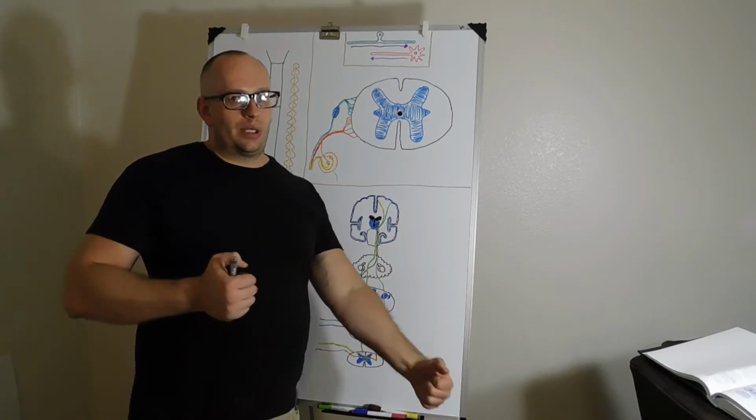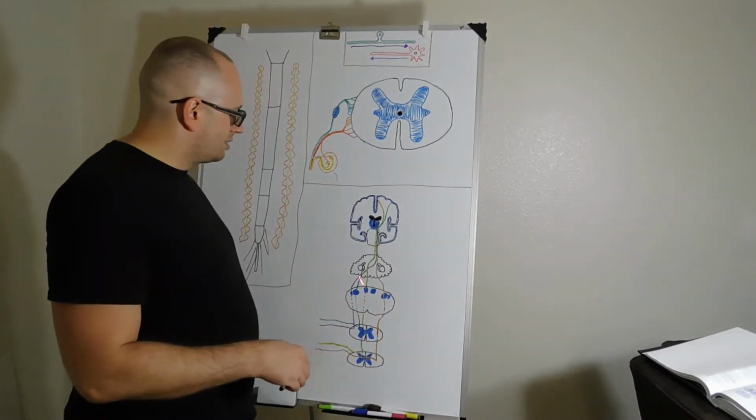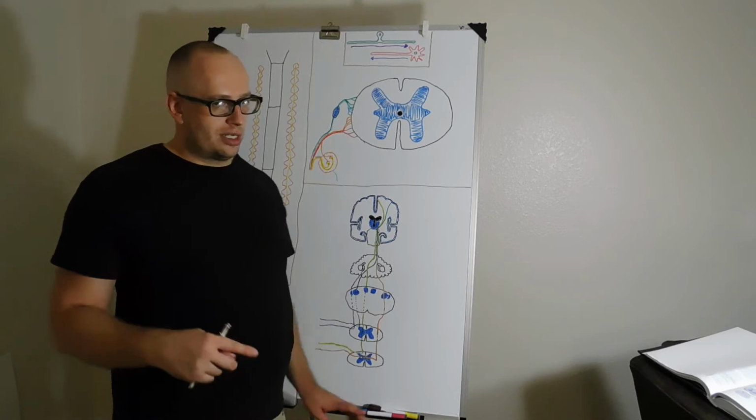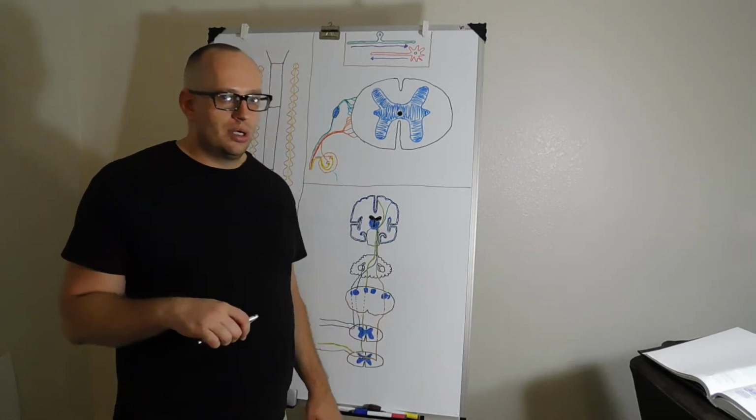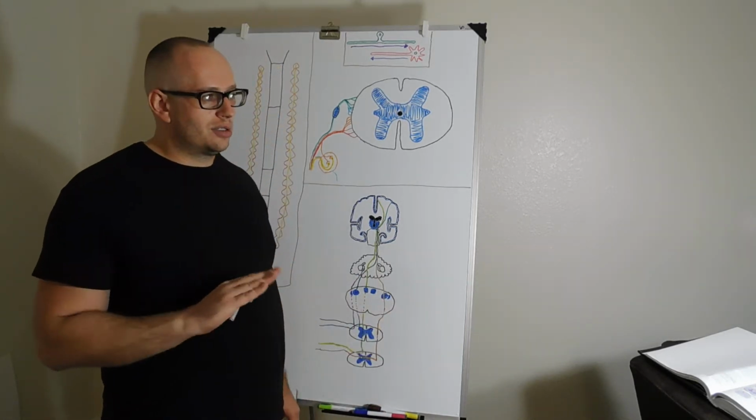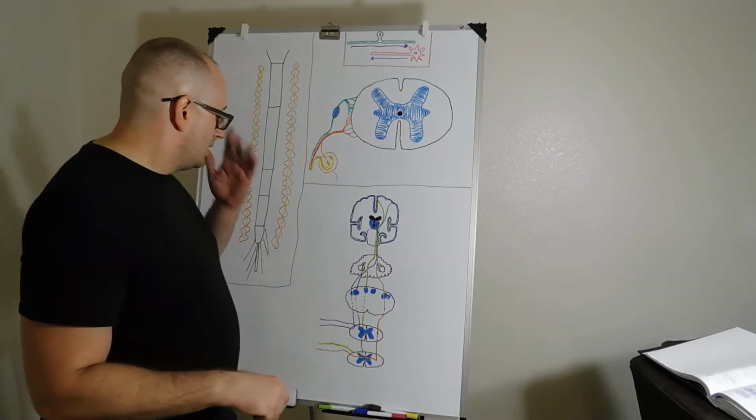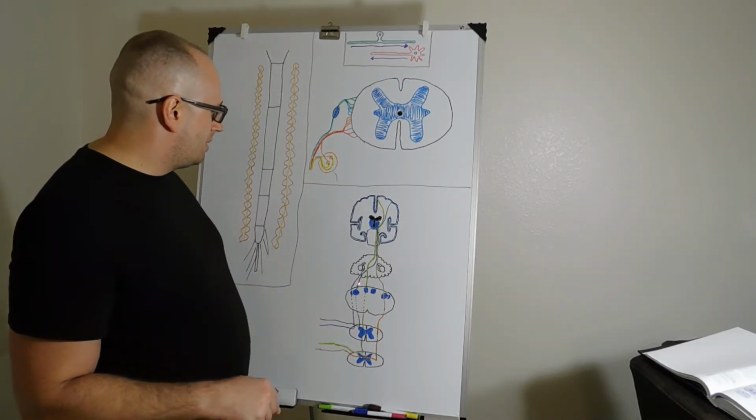Maybe it didn't know exactly where your arm was in space, so it corrects that information and sends information down, which I'm not going to talk about, at least in this video. That's beyond the scope of what I'm talking about right now. So that's the proprioceptive pathway.